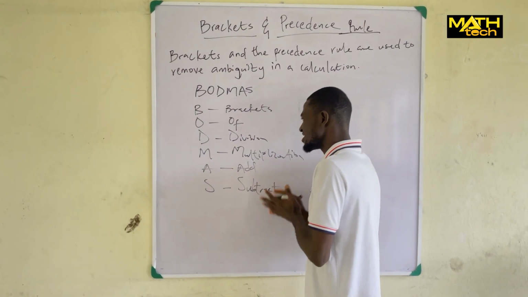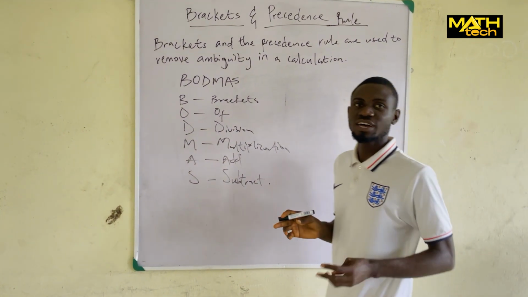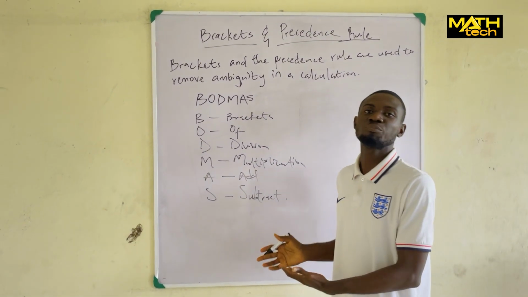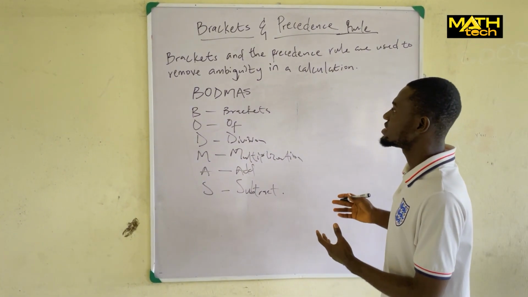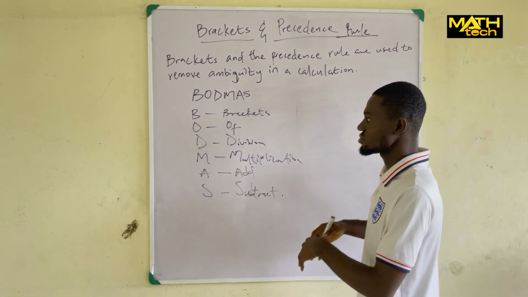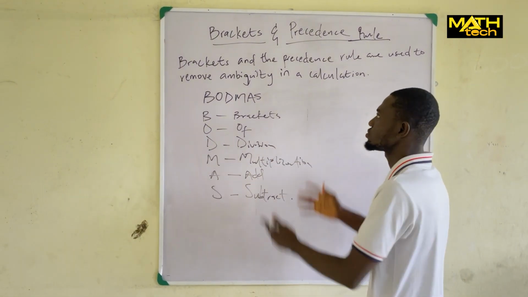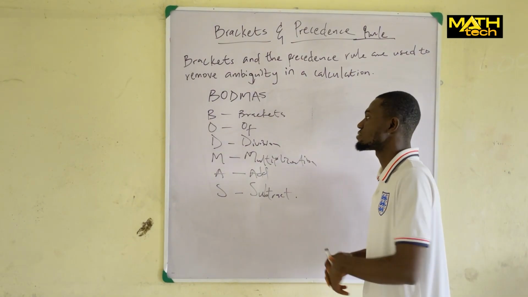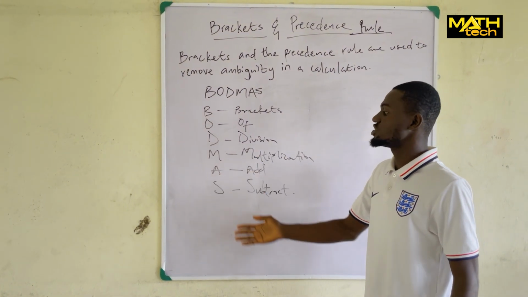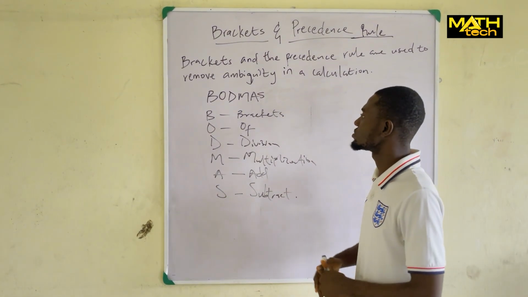I'm not supposed to introduce this in this aspect of the series, but I just have to, so we might have an easy approach to learning this. Now, BODMAS is most likely used when it comes to fractions, but you can also do it here because it's the same thing. BODMAS is the precedence rule: brackets, of, division, multiplication, addition, and subtraction.